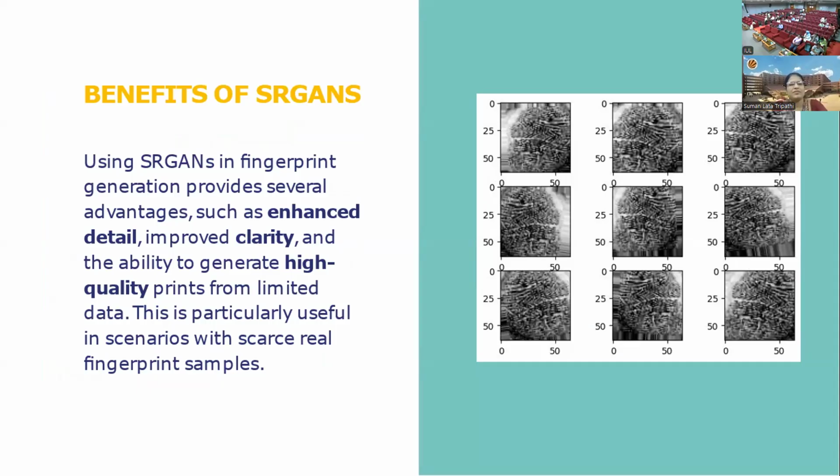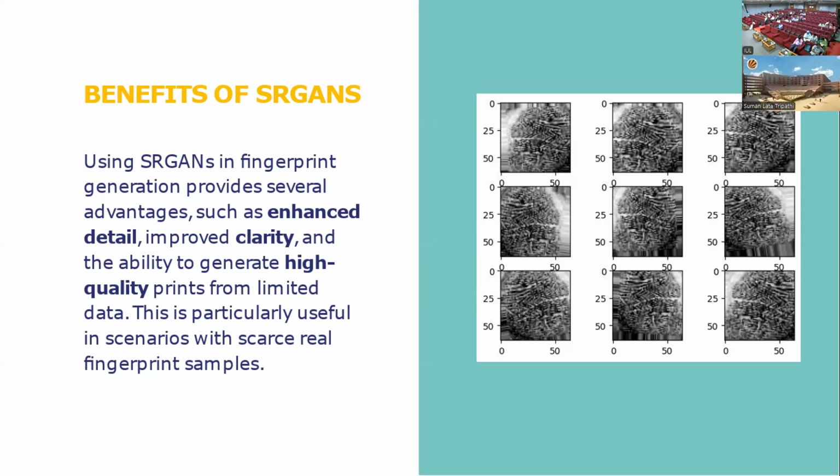One of the benefits of the SRGAN is that we have very good clarity in the fingerprint ridges and valleys. In the first row, third column, the top right one, the ridges and the crease lines associated with the fingerprints are generated with very good resolution.